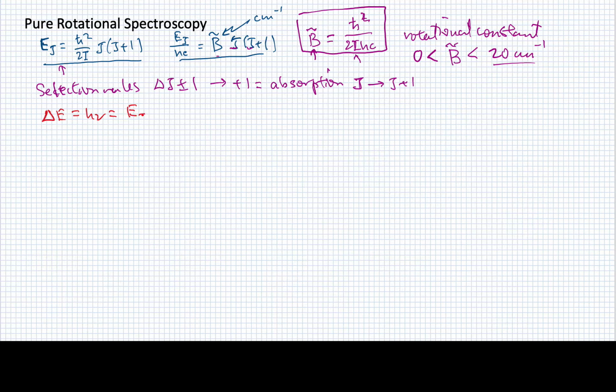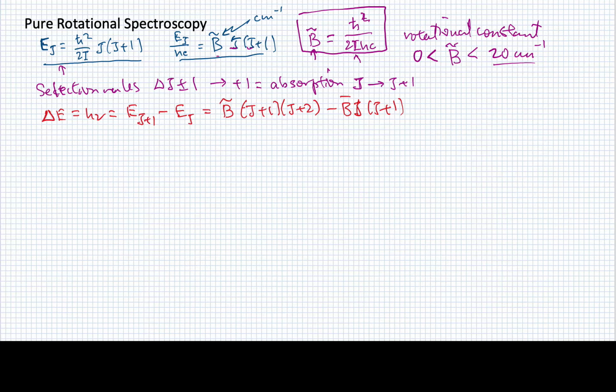with E sub J plus 1, our final energy state, minus our initial energy state. So when we write this out, it'll be, and this is implicitly all over hc, our B tilde times J plus 1 times J plus 2, minus B tilde times J times J plus 1.